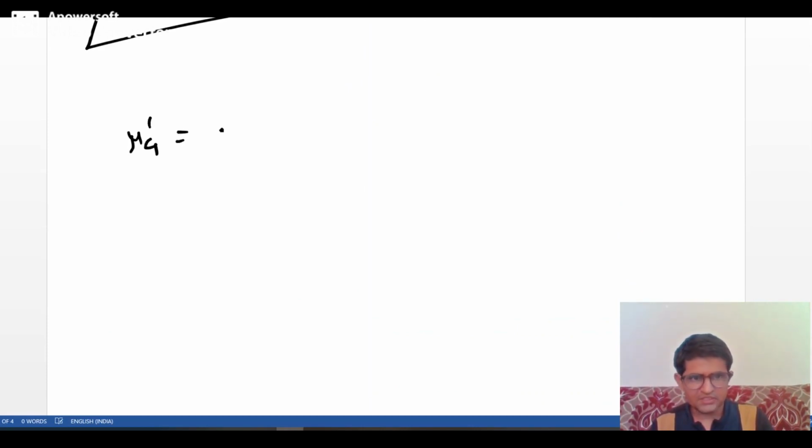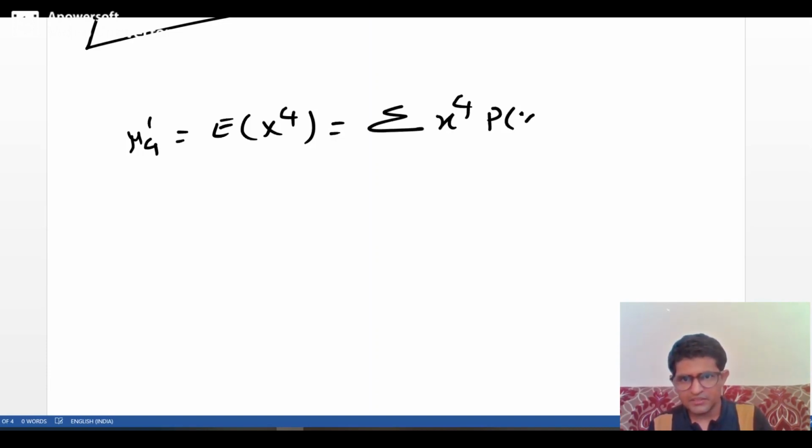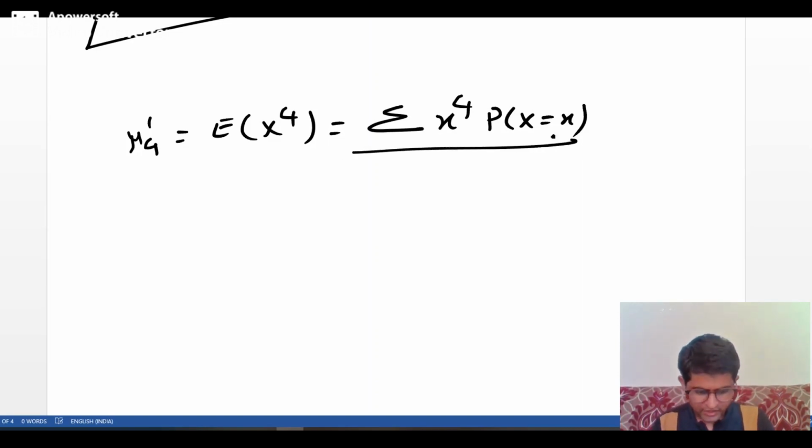Okay guys, now if we talk about mu4 dash, it means expectation of x4, the summation of x4 multiplied by the probability of the random variable.